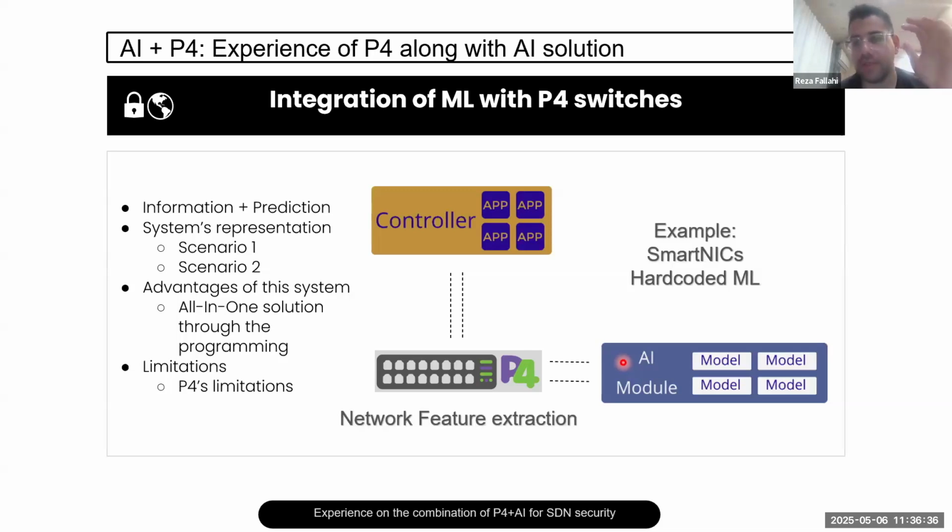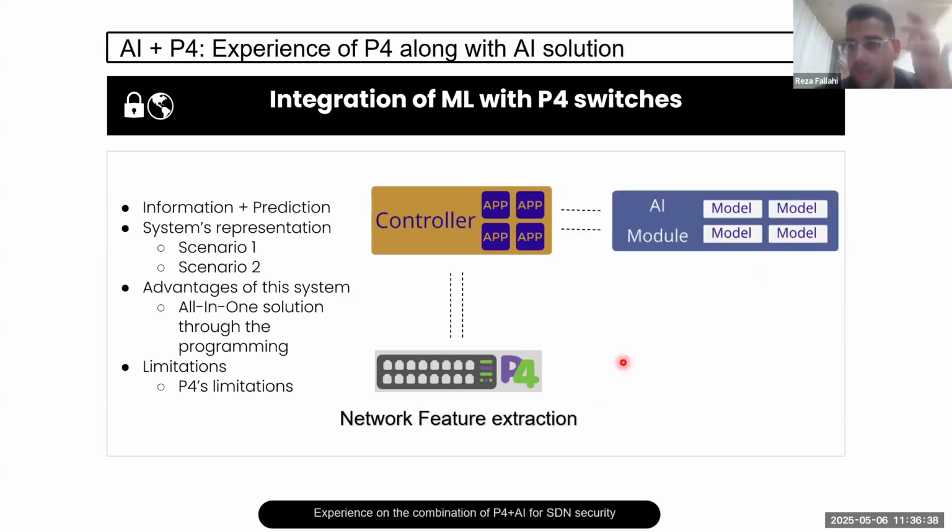The other scenario that has been proposed is having the P4 switch extract the information and then provide it to an external module, which is the AI module. For example, it can consist of machine learning, supervised, unsupervised, reinforcement learning, deep learning, things like this.